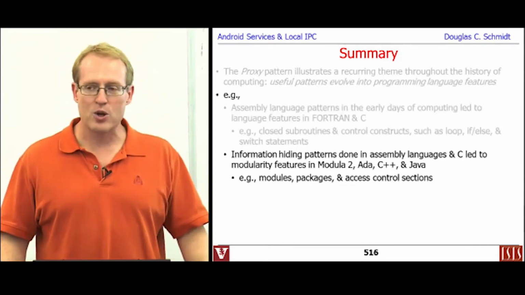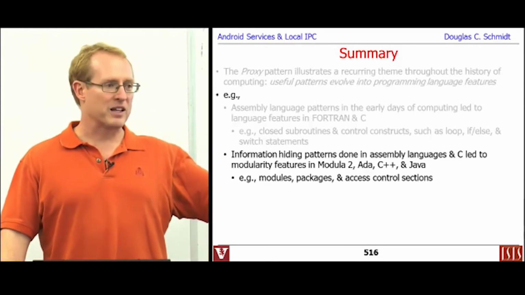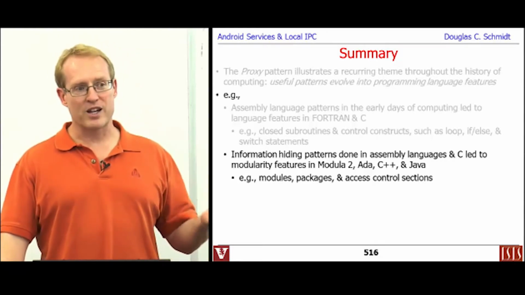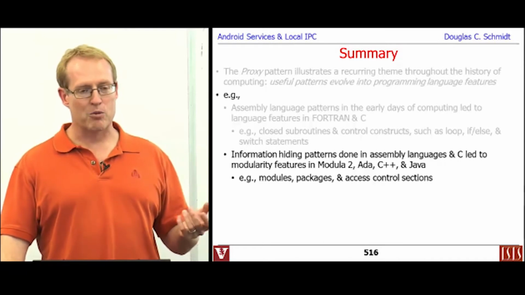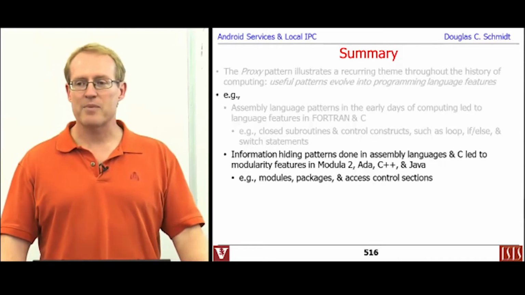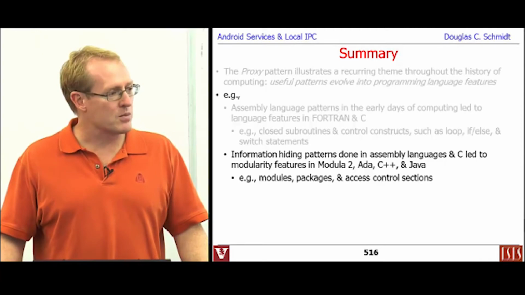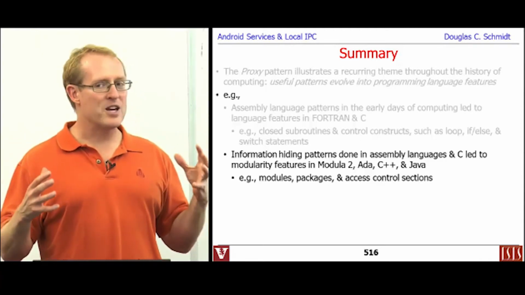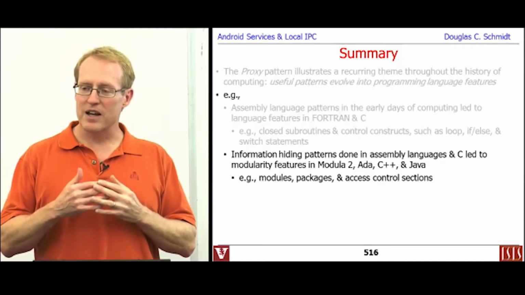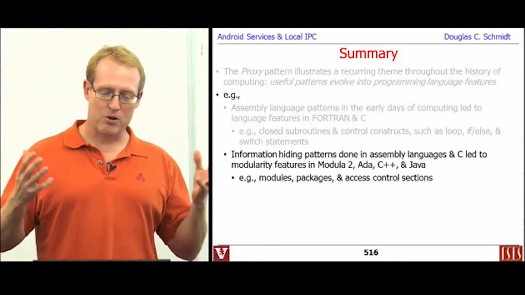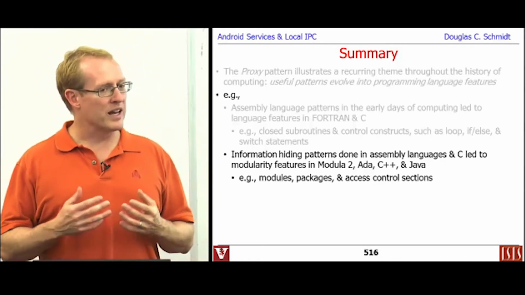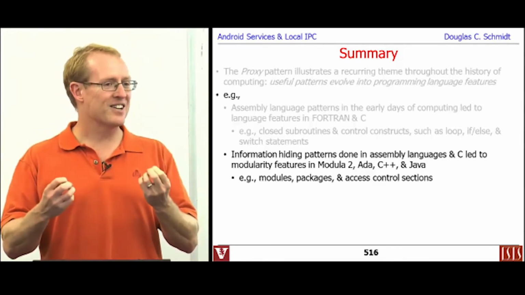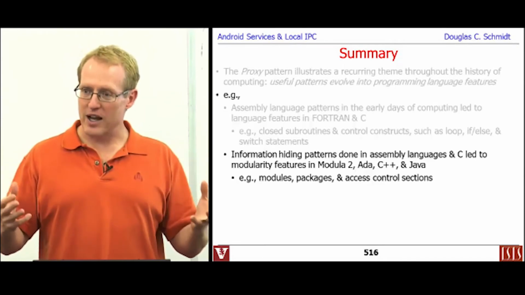Another set of examples: what I just described was from the early 60s. You go into the early 70s, there were still a lot of people writing code in assembly language, a lot of people writing code in C at that time, and they were beginning to write bigger systems. And they had to figure out some way of hiding information so that their application developers, which were usually themselves because the programs weren't all that big, wouldn't end up making tight coupling on implementation details that were likely to change over time.